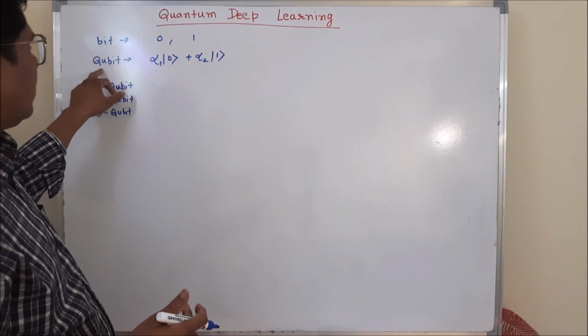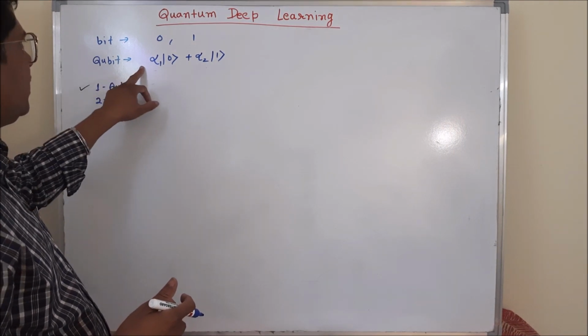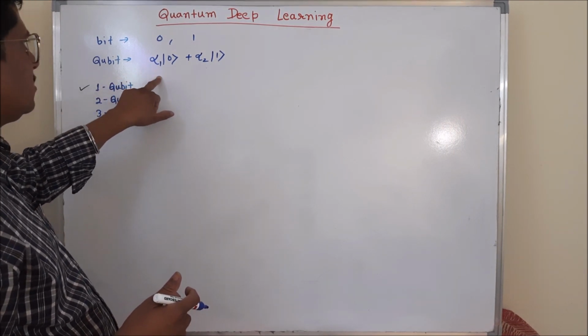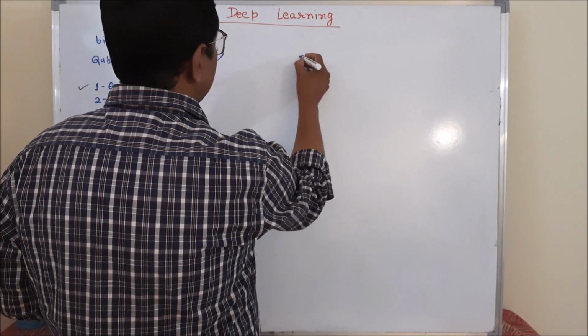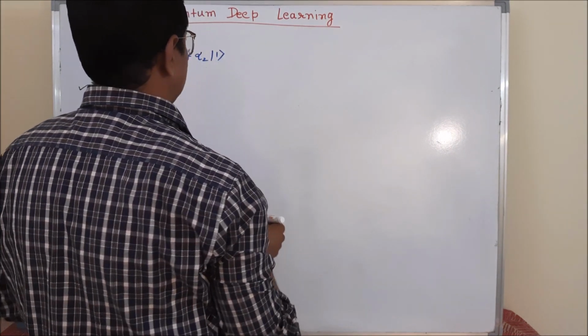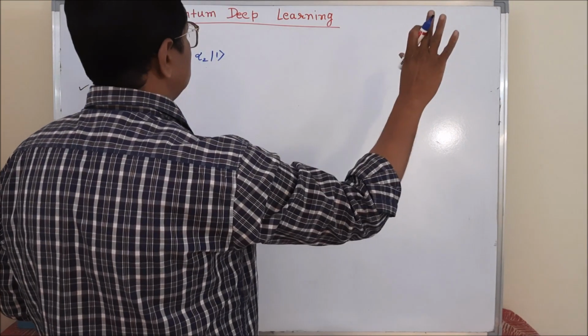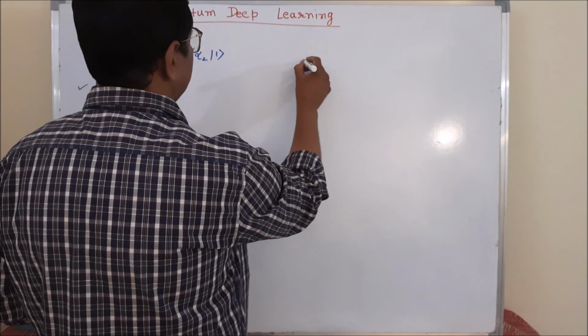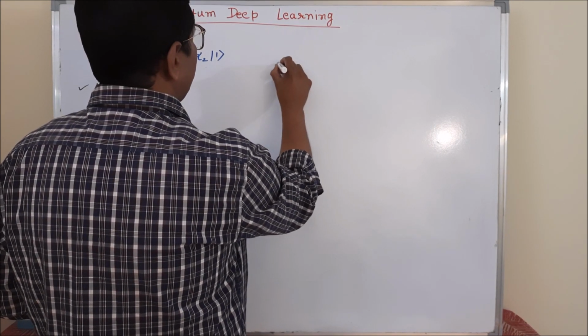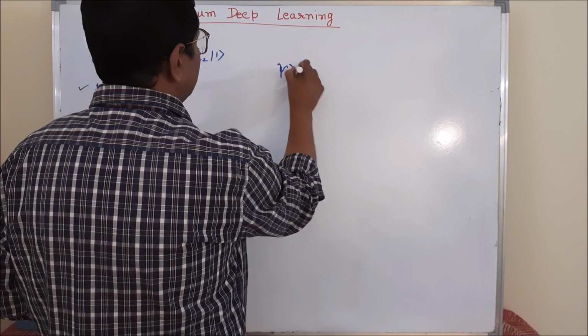But in the quantum system, we have the advantage of using the qubit system. Actually, the qubit system is a superposition of states. If we take a very basic qubit system, just one qubit, then we can represent it like this.